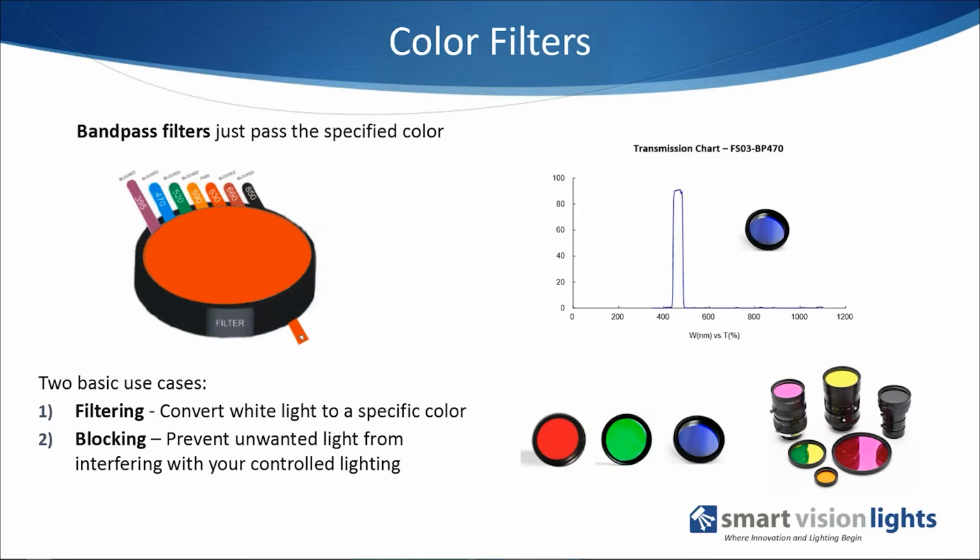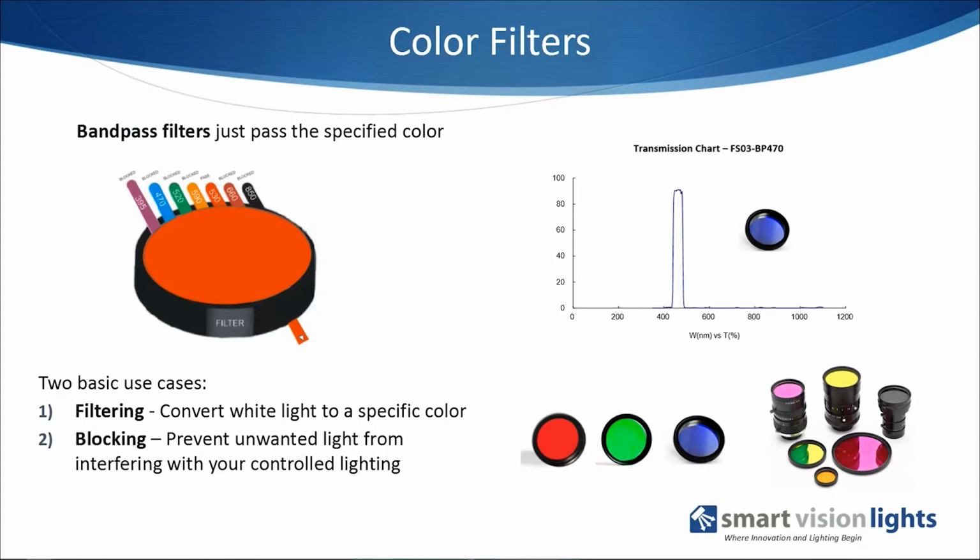So you can buy these filters in many colors through the visible spectrum, but also including ultraviolet, near infrared, and even into the SWIR spectrum. So no matter what you're doing, there are filters available to cover the areas you need, and we are showing one that I believe is about 40 nanometers wide here, but you can get them in varying widths depending on how much light you need to pass around your center color.